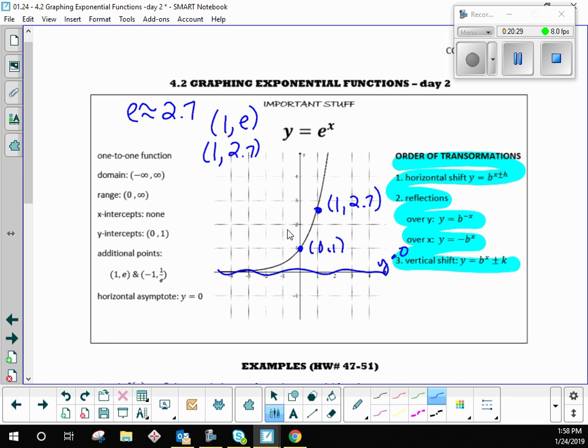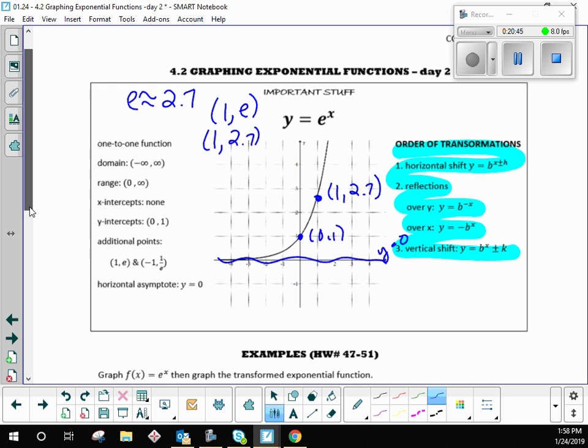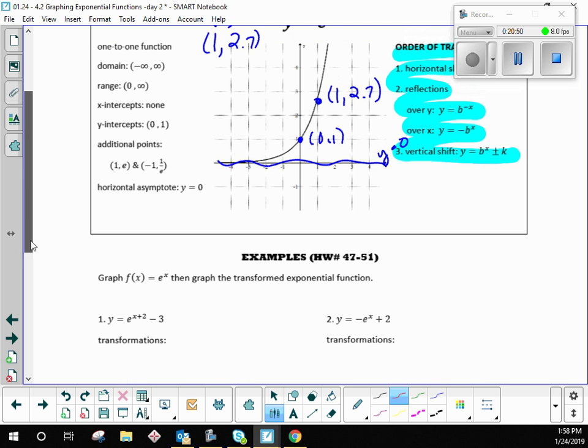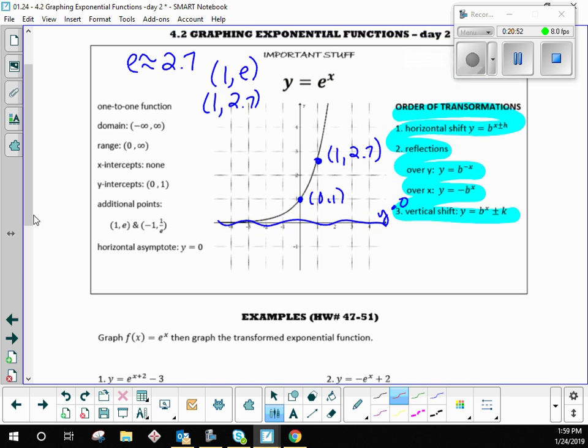And there's two kinds of reflections. One where the negative is in front of the x. Remember, that means it's a reflection over y. And one where the negative is out front of the function. That means it goes over x. Just real quickly, in case you have a hard time memorizing which way the reflections go, think about it.